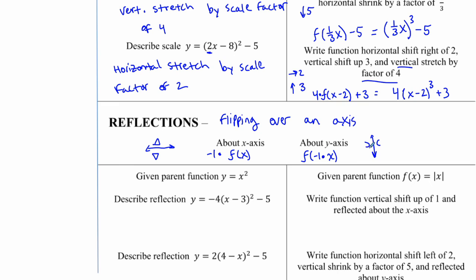Okay. Now there are some functions where these two things are the same. There's some functions where multiplying by a negative outside is the same as multiplying by a negative inside, and that's something we can spend a lot of time on later. But let's look at some examples.